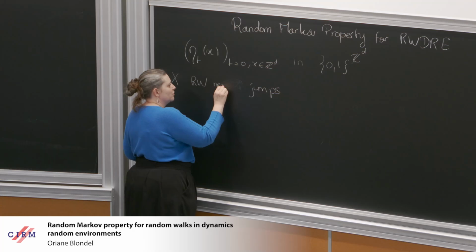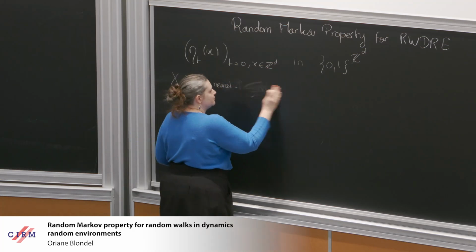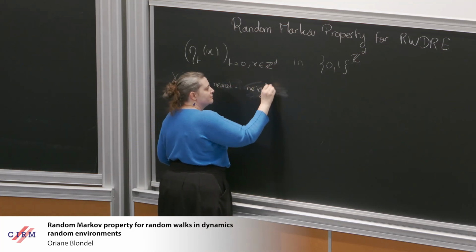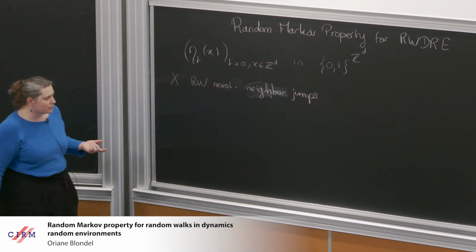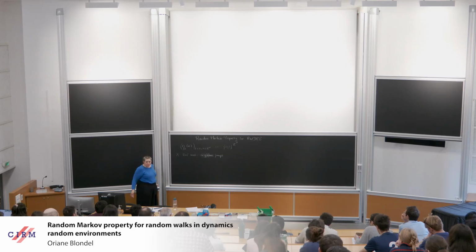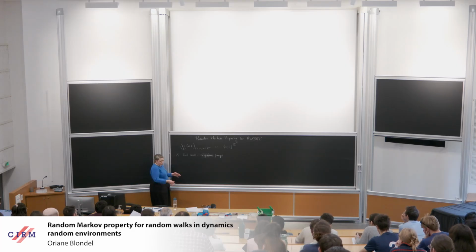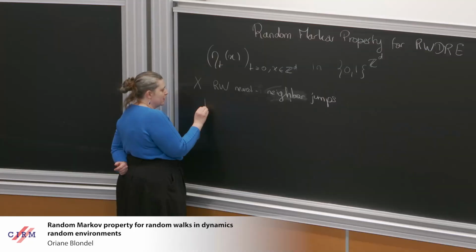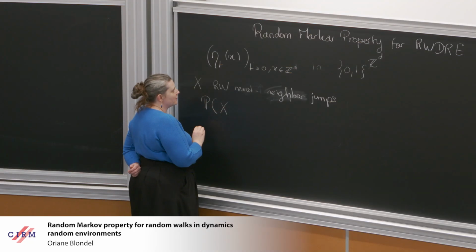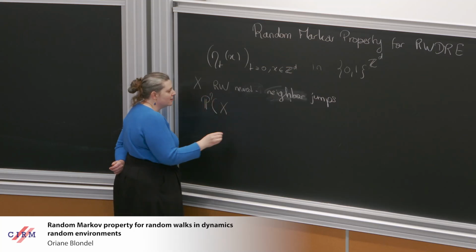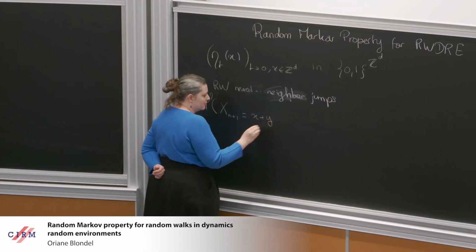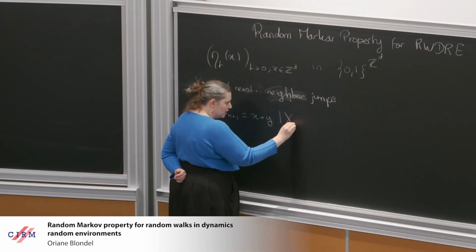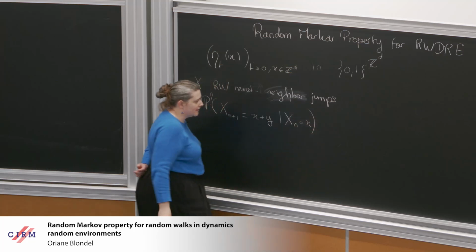Sorry, nearest neighbor jumps. We are in dimension 1, but not only nearest neighbor jumps. And the way that you choose to which neighbor you are going to jump depends on what you see under your feet, let's say, maybe around you, but for today, under your feet. So you have the probability, in environment eta, that X_{n+1} goes to x plus y, for y a vector of norm 1, conditional on being at x at time n.